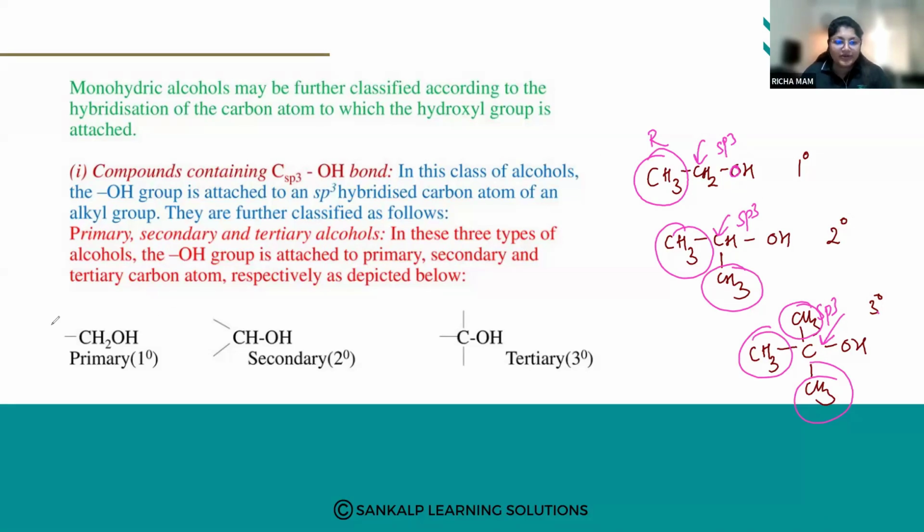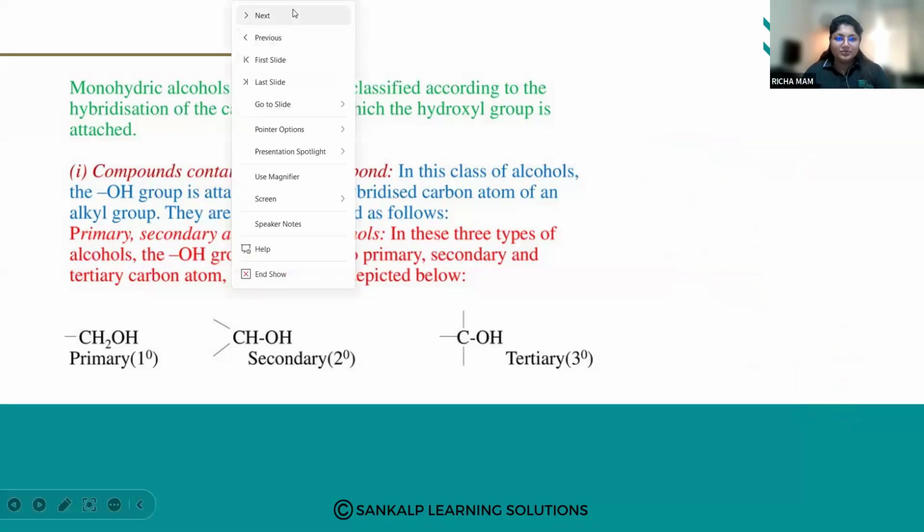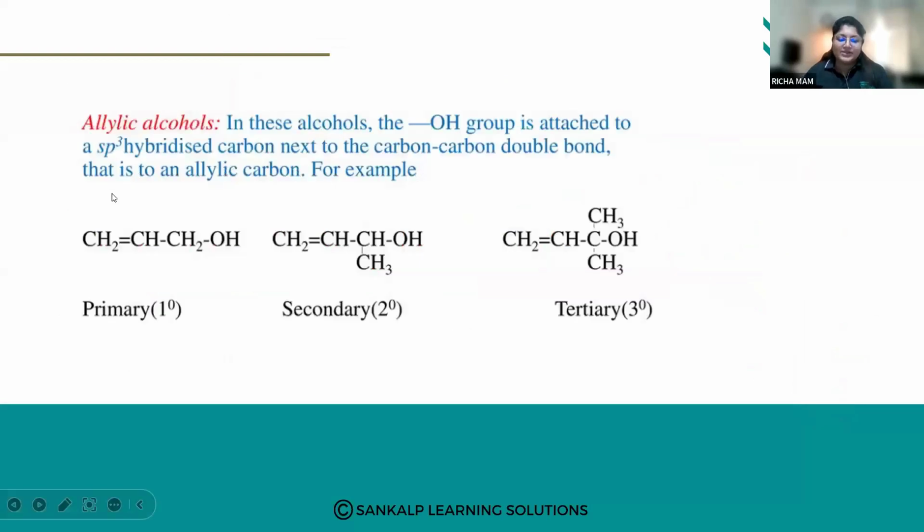Fine. Moving further, there is something called allylic alcohols. We have seen allylic in haloalkanes and haloarenes also. Here, allylic means the OH group is attached to an sp3 hybridized carbon which is next to a carbon-carbon double bond.